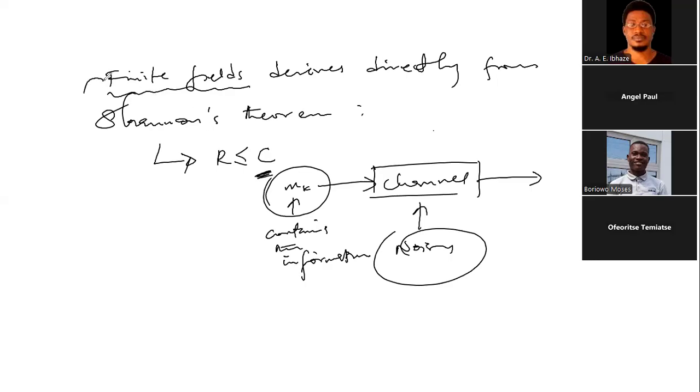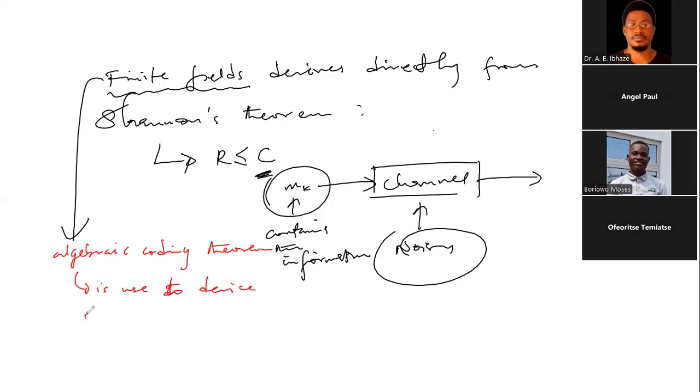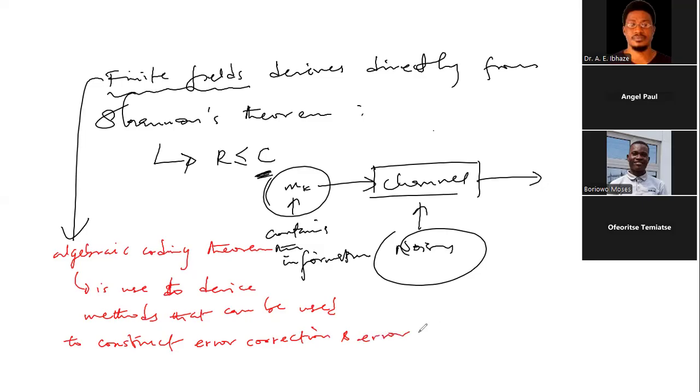So the finite fields, as we know, is used in algebraic coding theory to devise methods to construct error correction and error detection codes.